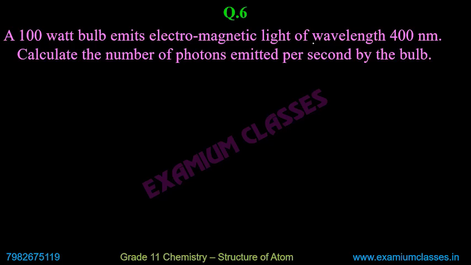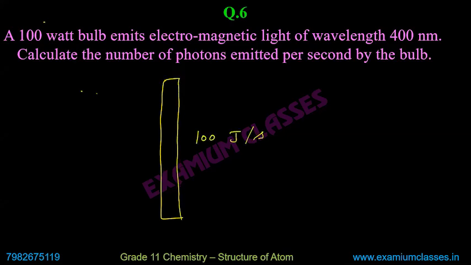So basically total energy is given. 100-watt bulb means watt means energy per second, and photons emitted per second is asked. So it is given that total energy is 100 watts, that is 100 joules per second. So in 1 second, how many photons of this wavelength will be emitted?